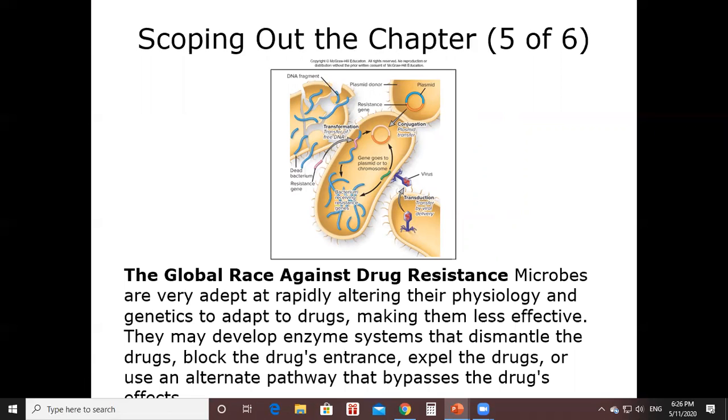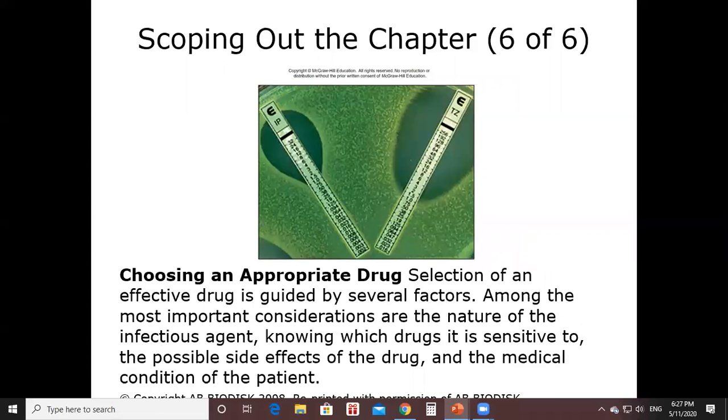It's a race. Microbes are very adept at rapidly altering their physiology and genetics to adapt to drugs, making them less effective. They may also develop enzyme systems that dismantle the drugs. They may block the drug's entrance, expel the drugs, or use an alternate pathway that bypasses the drug's effect on them.